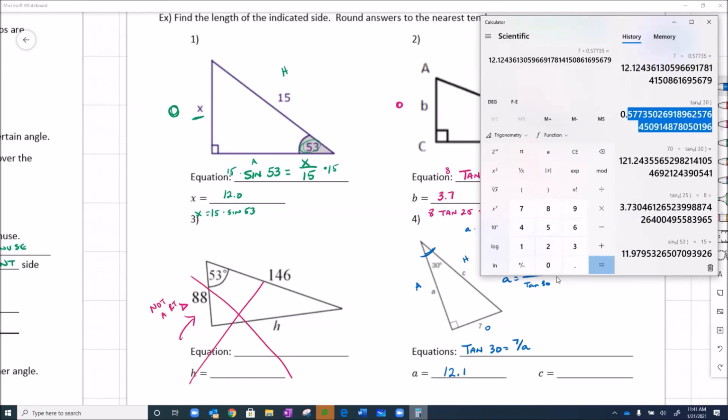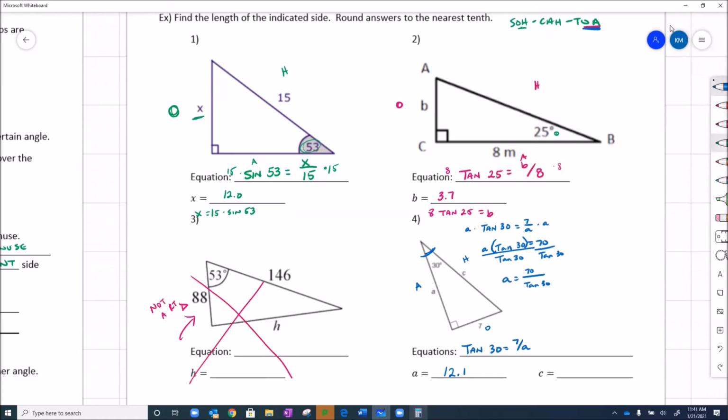All right. And then the next one, they ask us to find C. Again, we've already identified this is the opposite and this is the hypotenuse. Opposite and hypotenuse tells me to use the sine function. So I'll say sine of 30 equals opposite 7 over hypotenuse C. Multiply both sides by C because I want C out of the denominator.